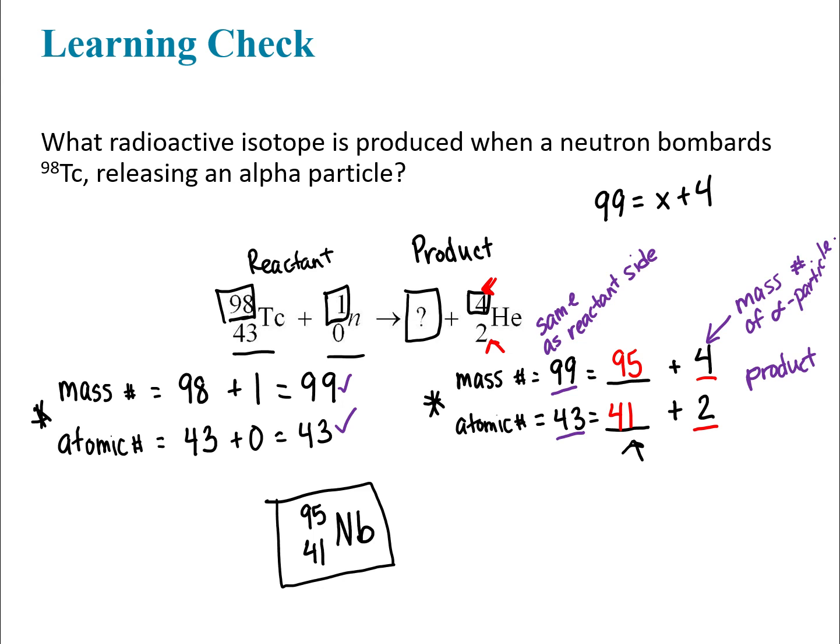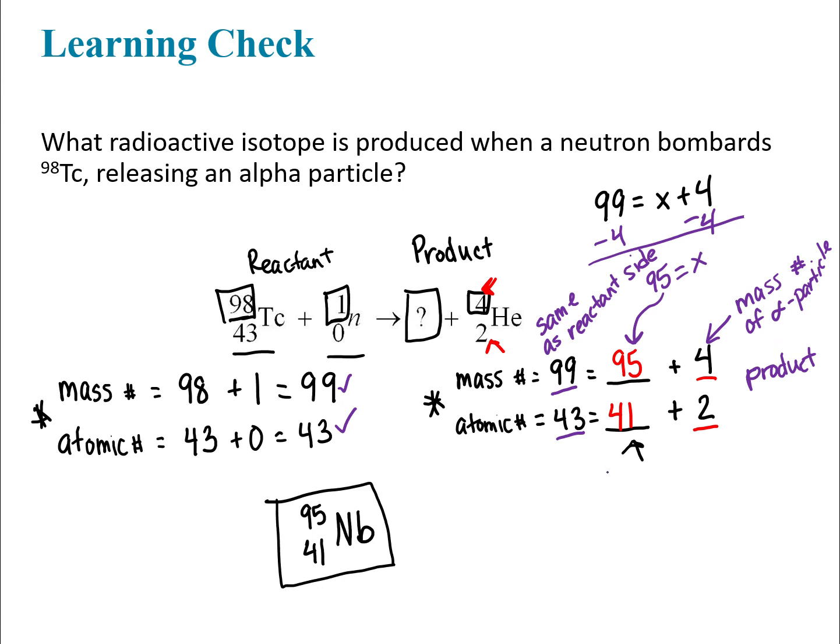If you write that like an equation, it would be 99 is equal to x plus 4. You subtract 4 from both sides. 95 is equal to x. So that means your new mass number is going to be 95 for this new element.